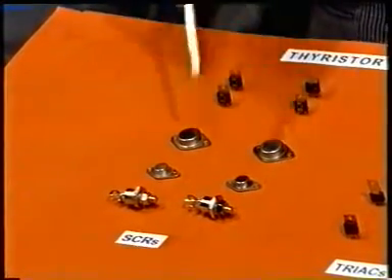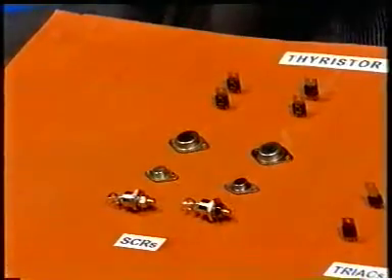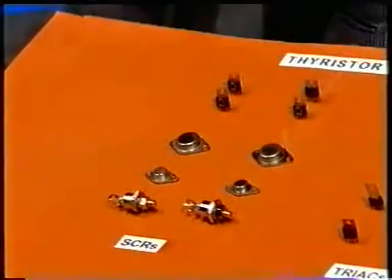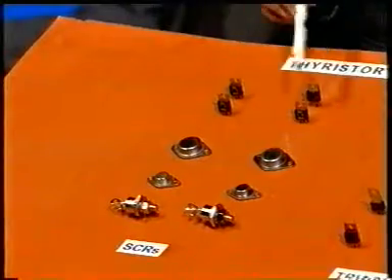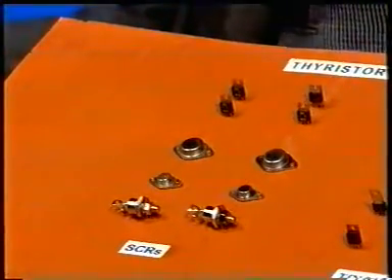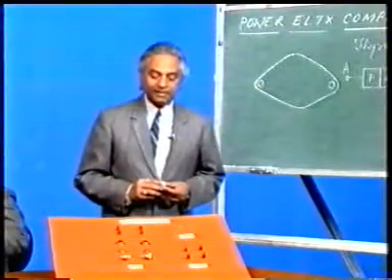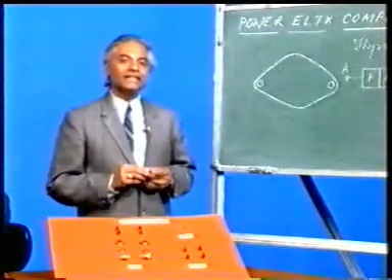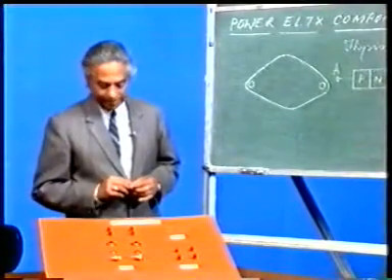Both of these are known as metal pack SCRs, and these two look like power diodes. They are also metal pack, but a different class of SCR, and these are plastic case type. I will explain how to find out the terminals. There is a universal, standard method to find out the terminals of an SCR.